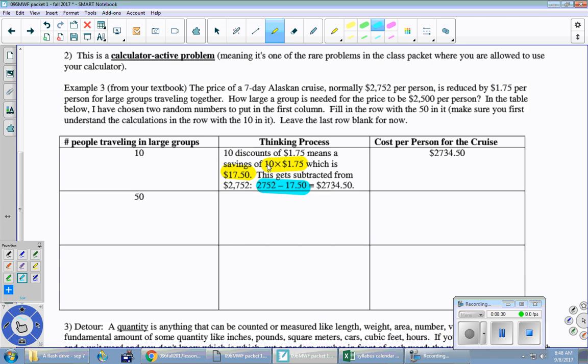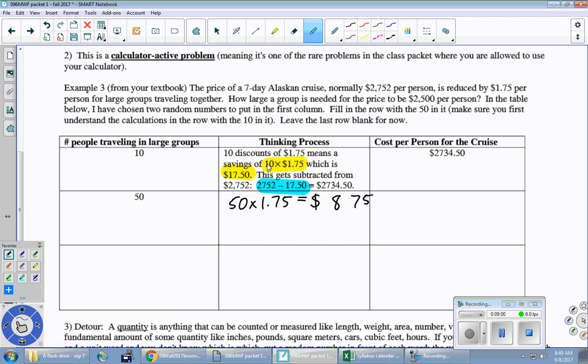Okay, so let's play the same game here with a different number, in this case 50, again chosen arbitrarily. So 50 people. I'm trying to simulate this yellow calculation here, so what do we do? We do 50 times $1.75. Okay, so this is one of the rare calculator things. I'll try it, but if somebody has an answer, you can let me know. 5, 7, 8.